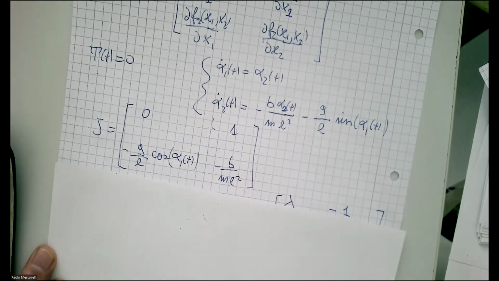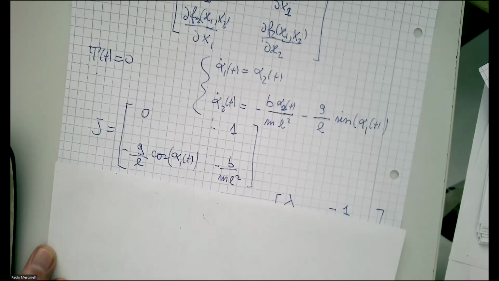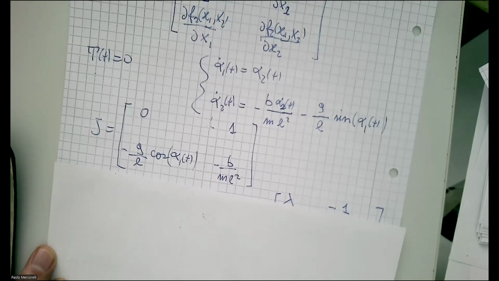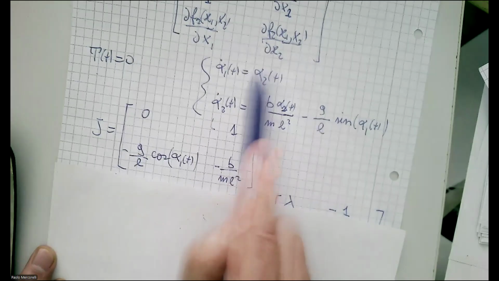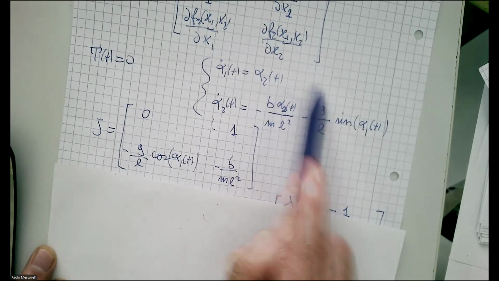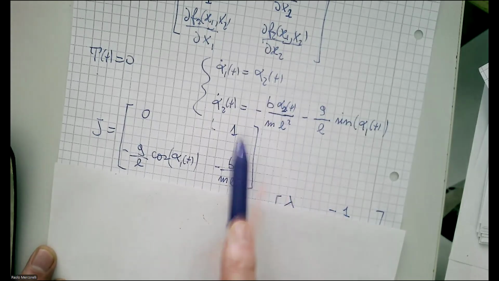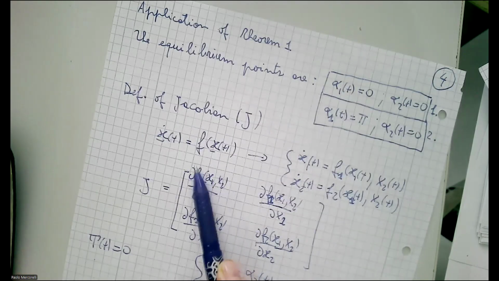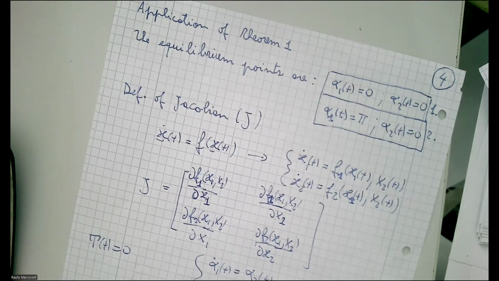It's the partial matrix of the derivatives because we approximate in the space domain, not in time. It is 0 because the derivative of alpha 2 with respect to alpha 1 is 0. Why is this 1? Because it's the derivative of f1, which is alpha 2, with respect to alpha 2. This is 1.